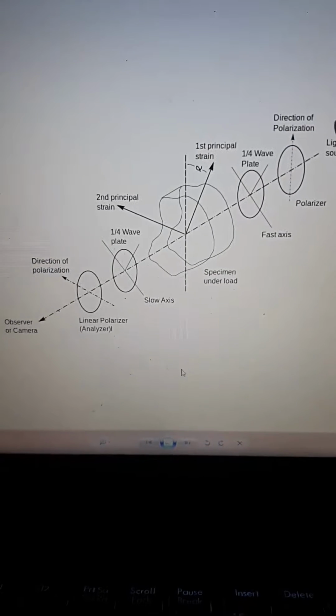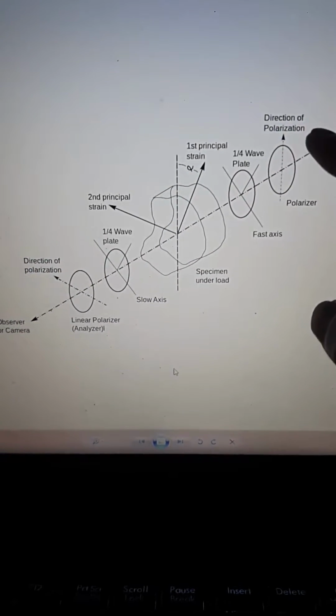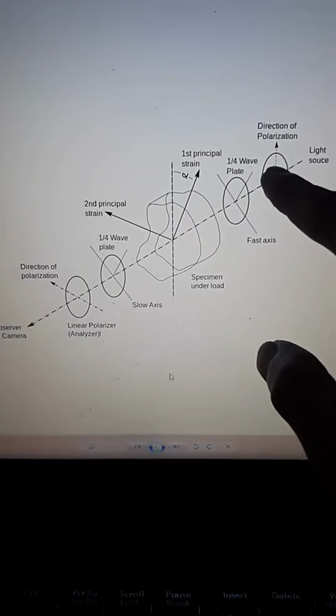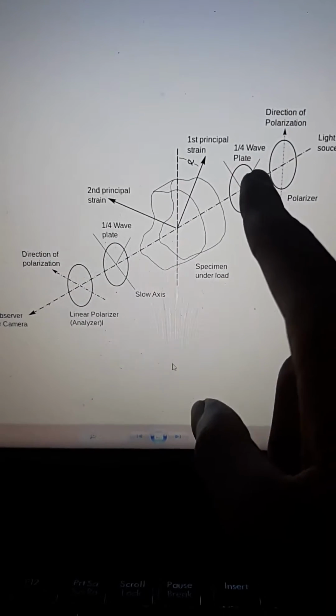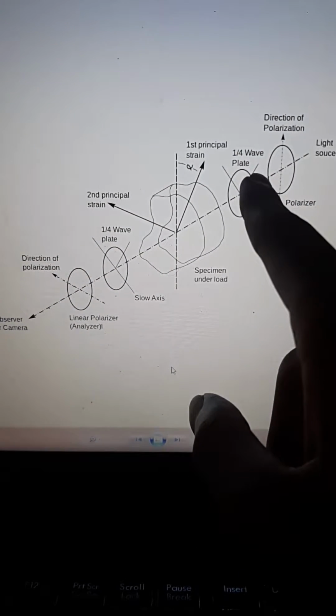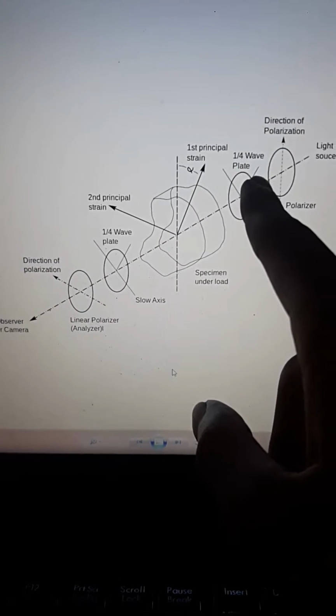The unpolarized light enters the polariscope through the polarizer, which only allows light of its orientation through.